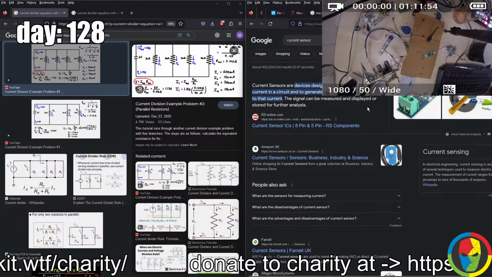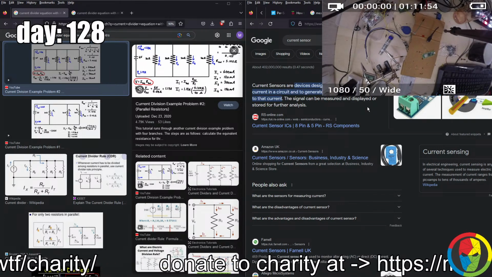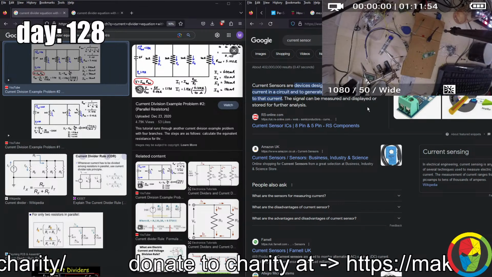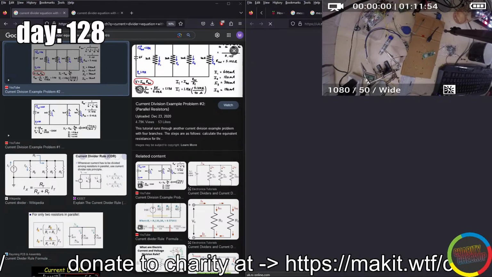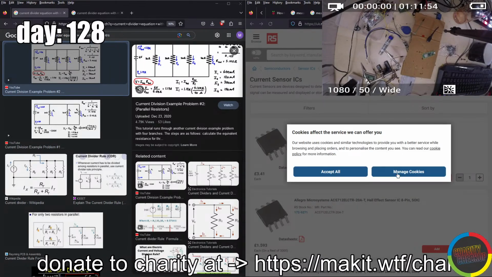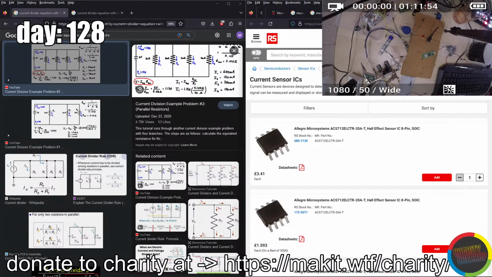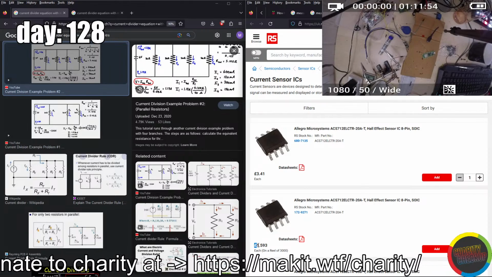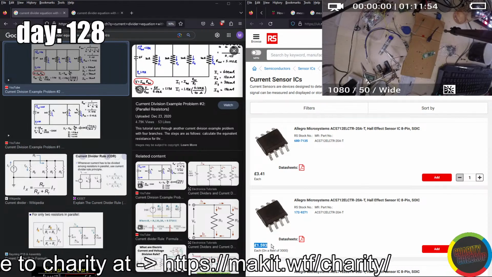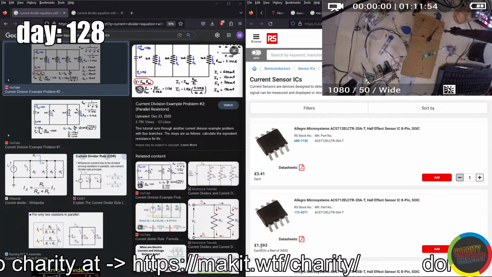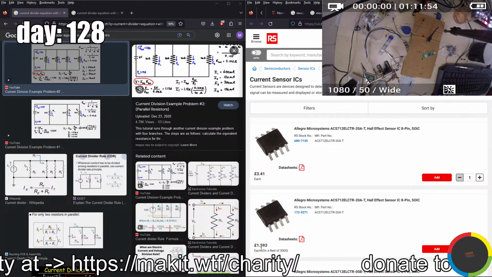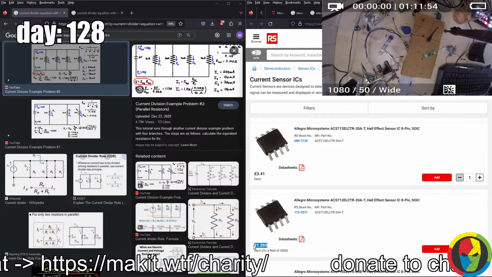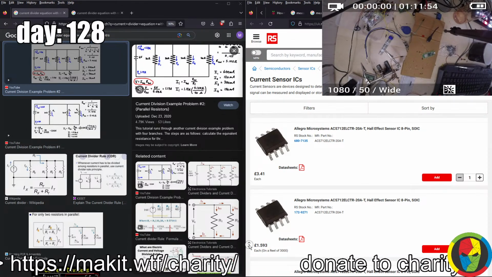Detect electrical current in a circuit and generate a signal proportional to that current. I don't get this price.